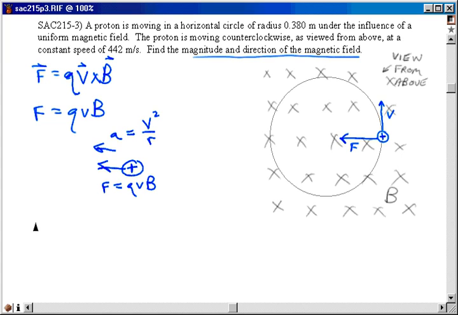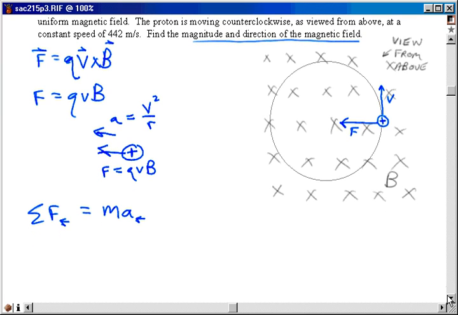So I'll do a sum of the forces, that is, apply Newton's second law, looking at this free body diagram. Sum of the forces to the left is the mass times the acceleration to the left. So F is equal to ma. We only have the one force to the left, and our acceleration to the left is what I called A. QVB then is mv squared over r.